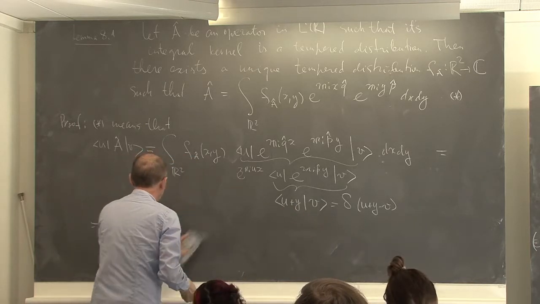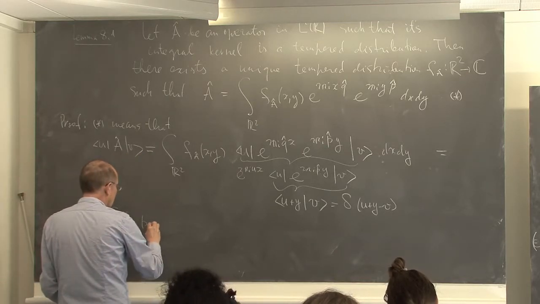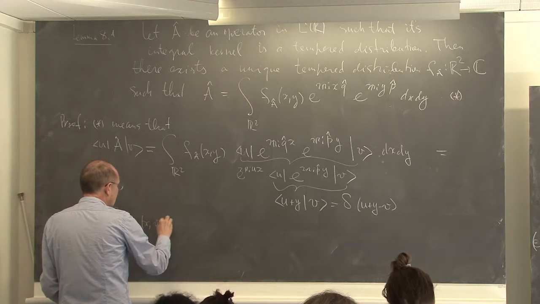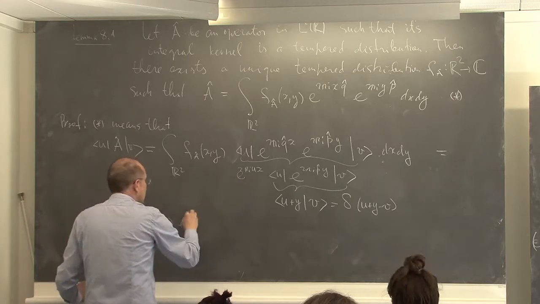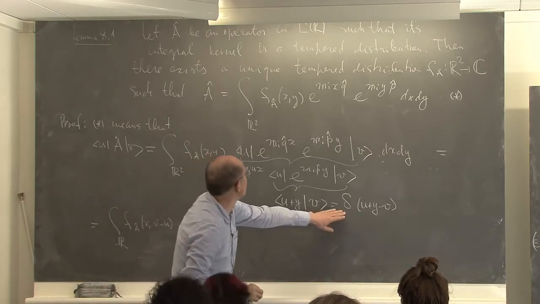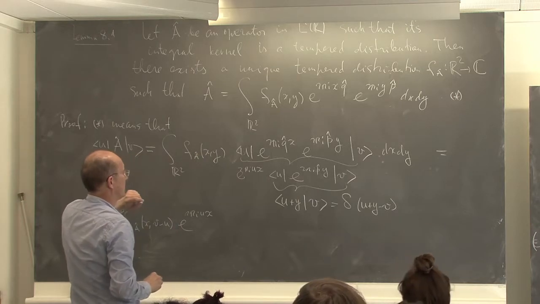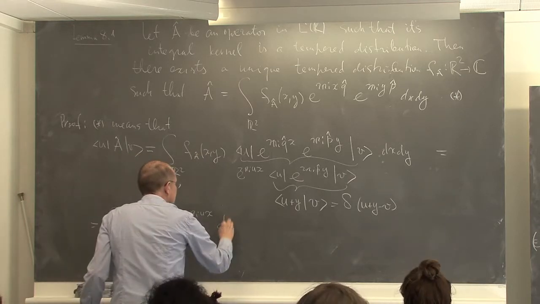The delta function removes y. So y becomes v minus u, f of x, v minus u, this exponential e 2 pi I u x. The delta function has gone. And that's it, dx.